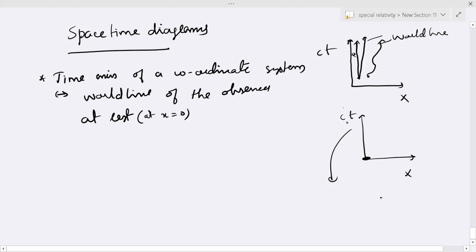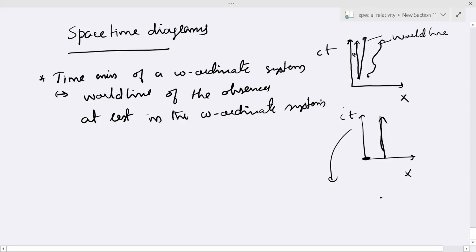It doesn't matter. If you take some other point other than the origin, you'll get a straight line parallel to the t-axis. So that doesn't really matter. We'll just say at rest in the coordinate system.